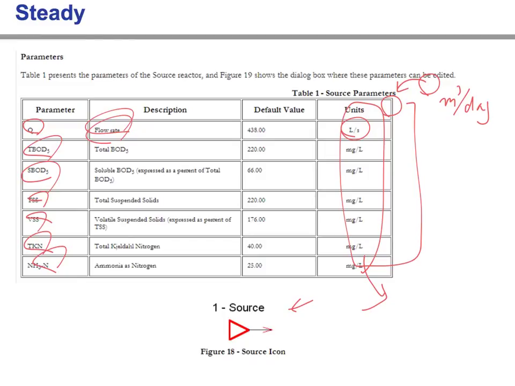In fact, each unit process has default values, so without changing anything, you can just use these unit processes to simply get the result. So that's just an example. In real design, you have to change these default values.